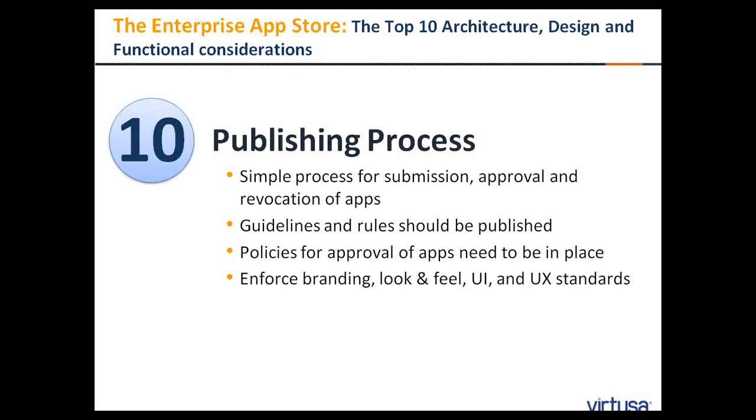Policies of approval of apps. What constitutes a good policy for app approval, right? Basically, what are some of the guidelines? What are some of the must-have things? What are some of the nice-to-have things? Those should be clearly communicated and laid out, and they should be visible to the users.